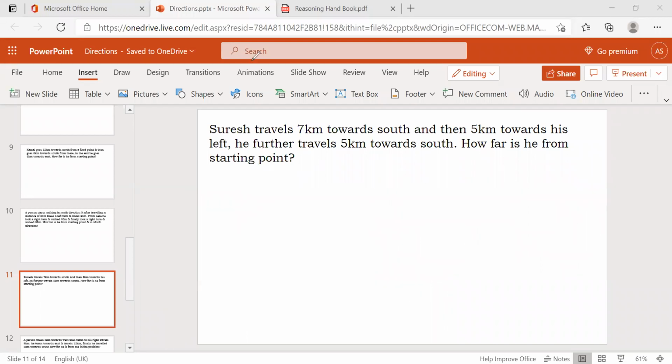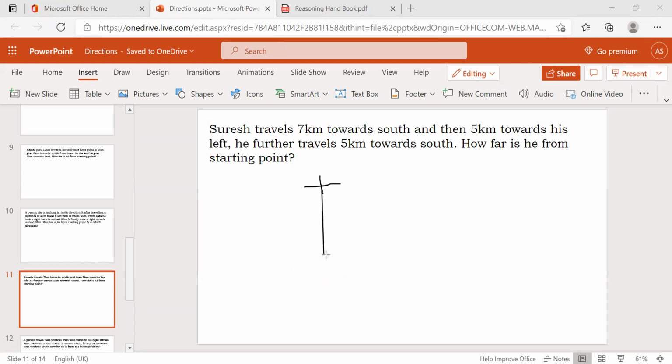I'll show you a better way. He started from one point. Okay, this is a point. He started from this point towards south. How many kilometers? 7 kilometers. And then from here, he took left.